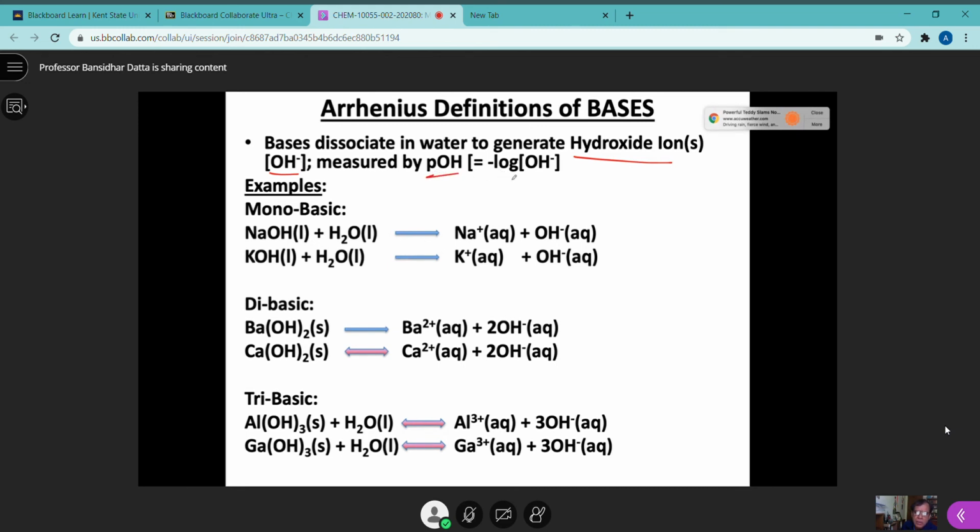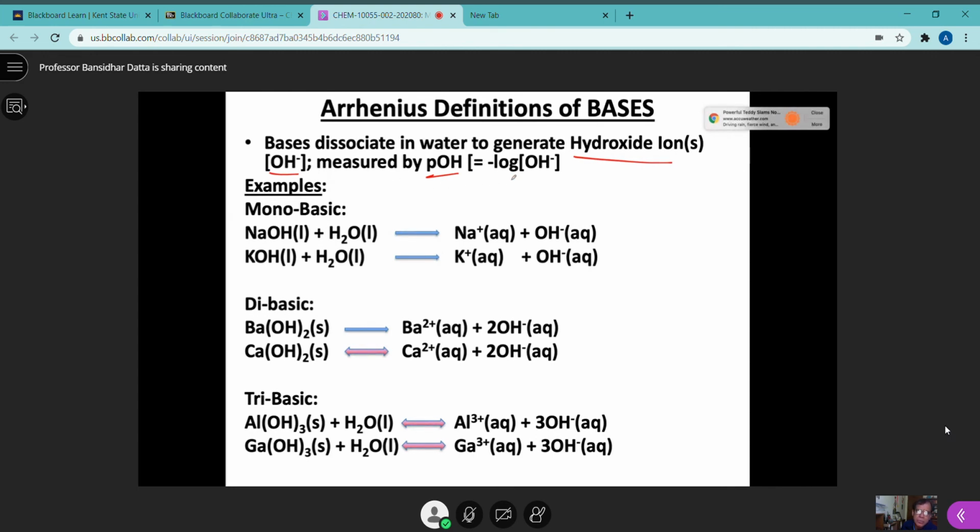It is the negative log of the concentration of hydroxide ion. So basically, you can calculate the pOH from the machine, and the machine is only designed for the pH, and there is a relationship between pH and pOH. I'll come back. So if you know the pH of a solution, you can also calculate the pOH of a solution as well. I'll show you very soon.